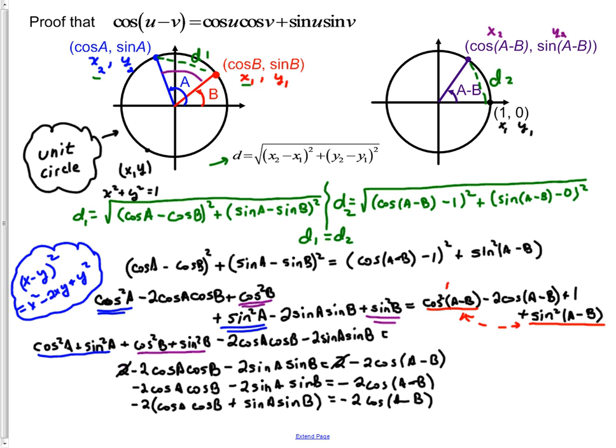Divide both sides by negative 2 to get rid of the common factor, and lo and behold, we get our formula: cosine of A times cosine of B plus sine of A times sine of B equals the cosine of A minus B. That's exactly what we were looking for. That's the kind of thing that makes Professor Peoples happy. It's true. More to come in the next video.